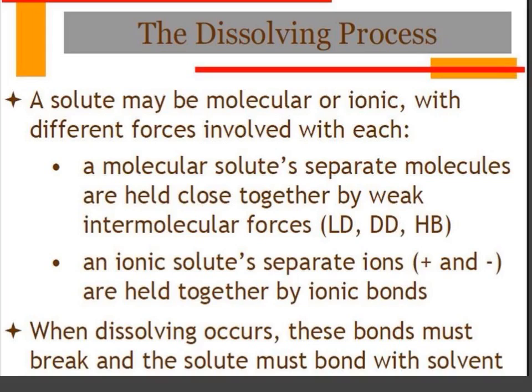A solute may be molecular or ionic, with different forces involved. In a molecular solute, separate molecules are held together by weak intermolecular forces. So we have the London dispersion, the dipole-dipole, and sometimes the hydrogen bond.